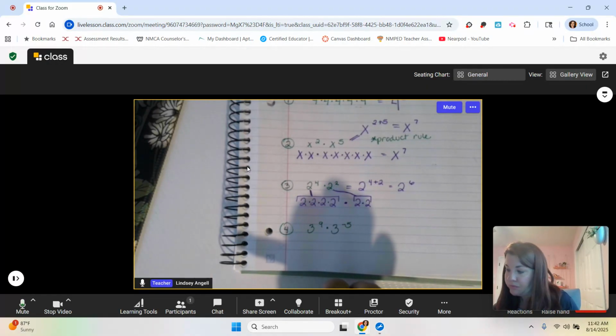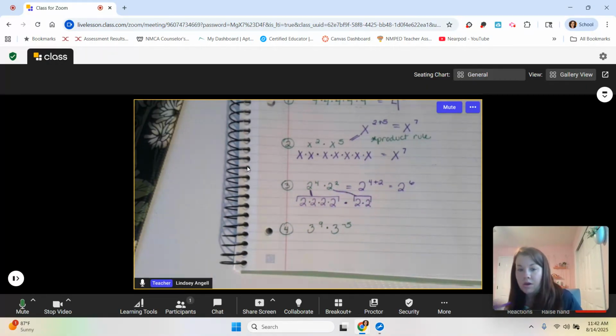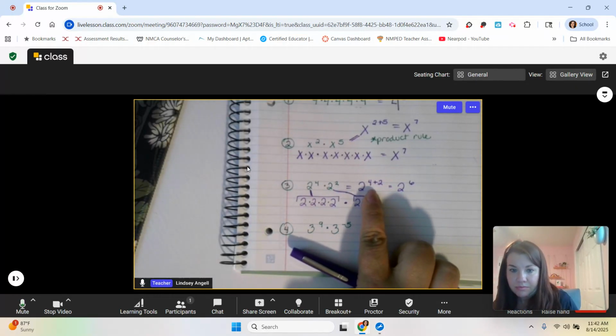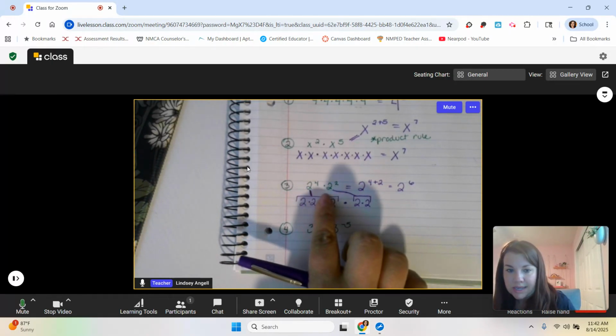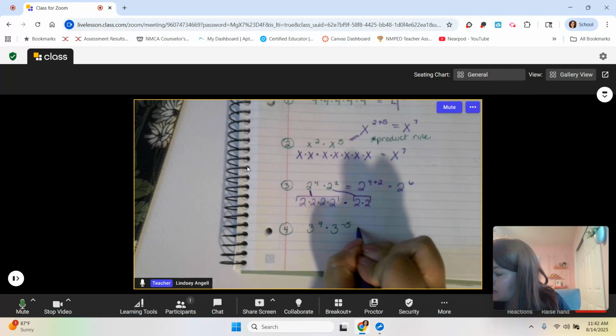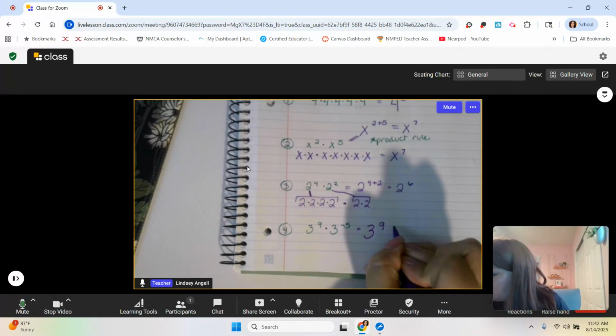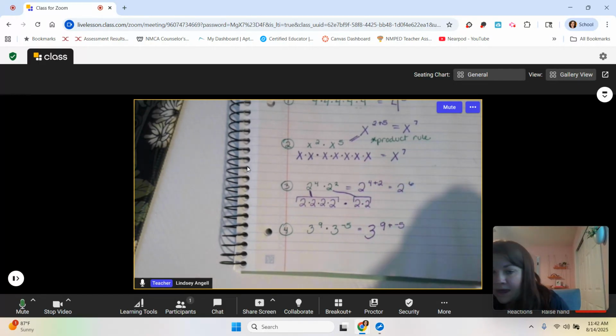Okay? How about this one, though? We added a new element. We have a negative number. Right? Oh, okay. Well, that's where this method is going to come in handy. Knowing that we can add our exponents together when our bases are the same like this, I can rewrite this as 3 to the 9th plus negative 5.